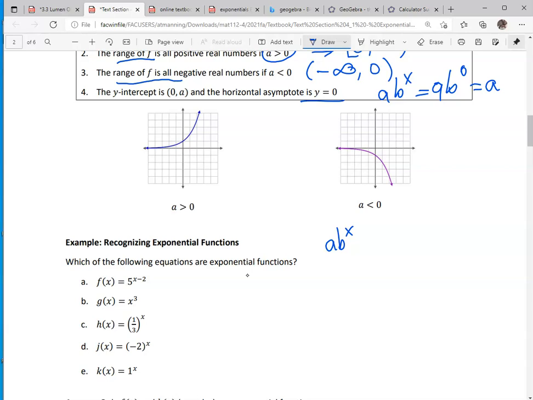Sure looks like it. Well, we can remember that that's the same as 5 to the x over 5 squared, or 5 to the x over 25.